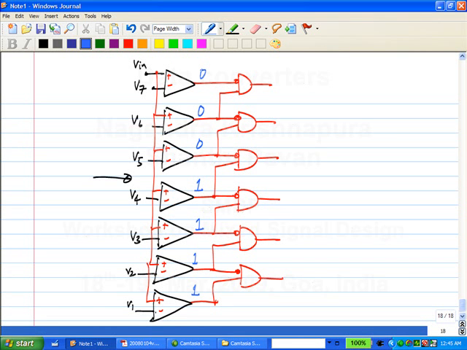So this is very similar to how, if you take a thermometer and stick it in your mouth, the height of the mercury column depends on the temperature, right? So if you have a good thermometer, the mercury column will be continuous and keep rising depending on the temperature. So inspired by that, such a code which is all ones followed by all zeros is called a thermometer code.